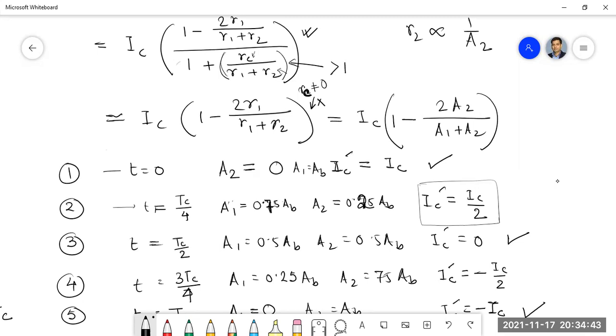So if a value more than 1 comes in the denominator, automatically this IC will be less than IC by 2, isn't it? Got it? Now what about instant number 4?